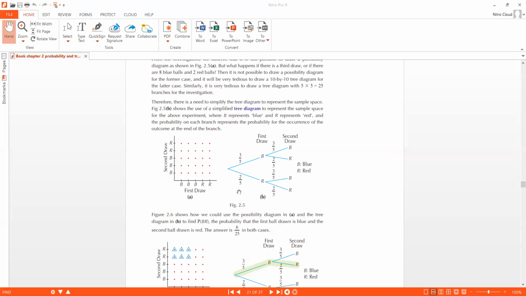So when I'm saying A intersection B, then I'll be multiplying 3 over 5 with 3 over 5, so both the values are multiplied.